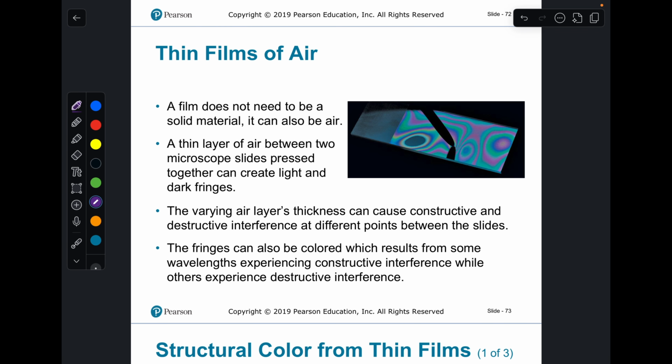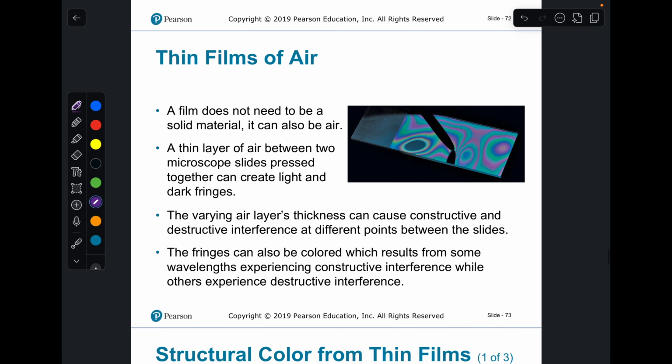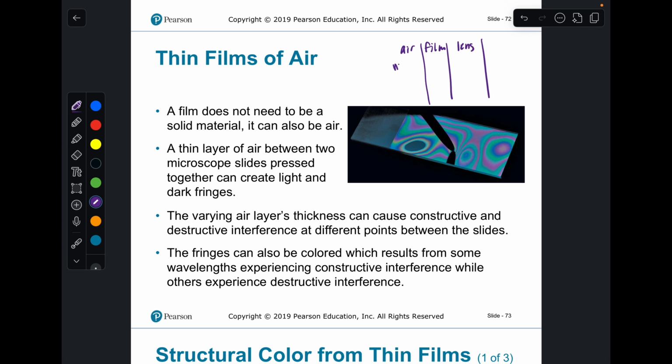So let's talk about some other arrangements of thin films. What we looked at was air, film, and then like a lens, right? So we had air and then the film and then some other index. Now we're going to shift our attention to situations where, instead of some high index of refraction material on the back side of the film, what if it's simply just air again?